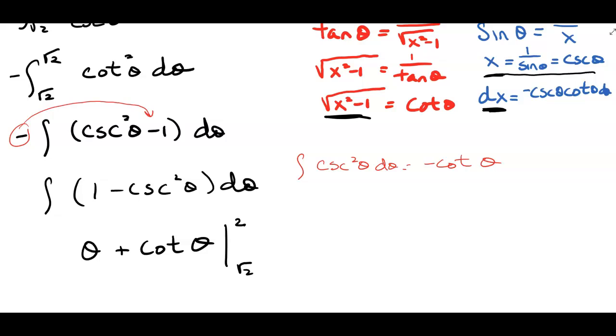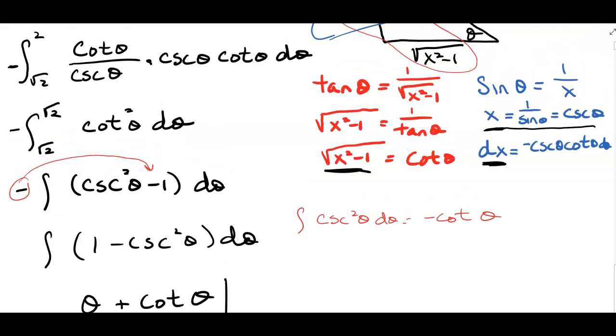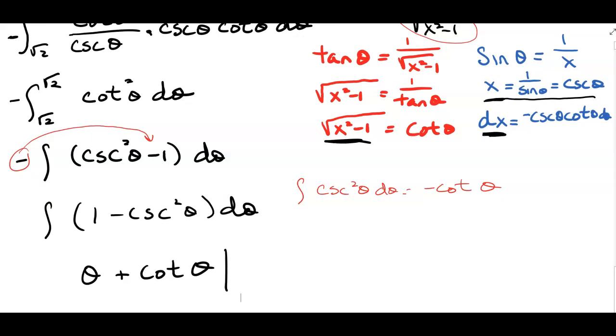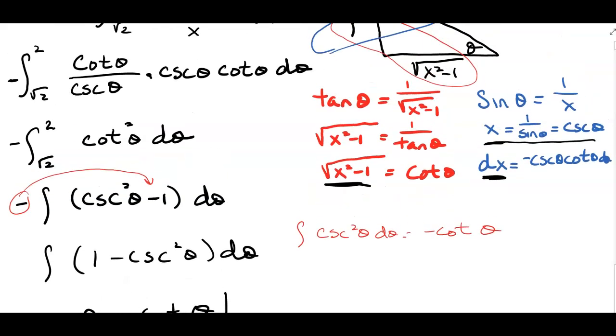For us to keep it from radical 2 to 2, I have to change my thetas back to x's, or I can change my radical 2 to 2 by swapping the boundary to now a theta.